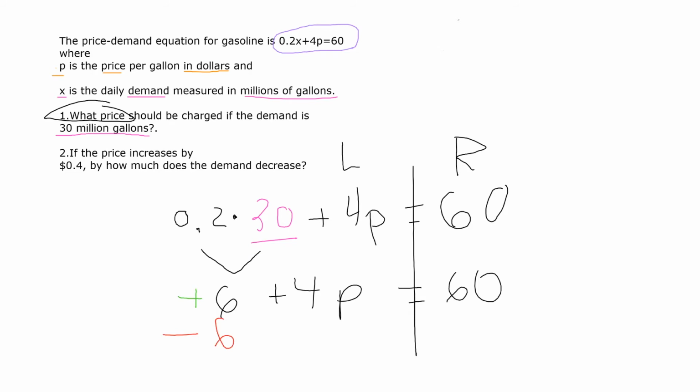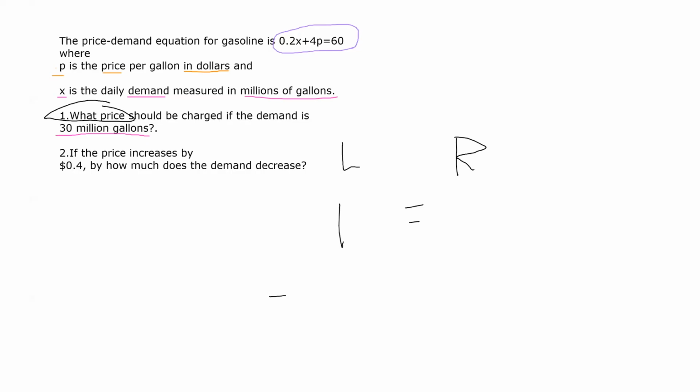And if I do it to the left side, I must do it to the right side. 6 minus 6 is, of course, 0. I bring down 4p equals, what does it say on my right side? 60 minus 6, well, that's 54. 4p equals 54. Remember, in between my 4 and my p, I have a multiplication sign.